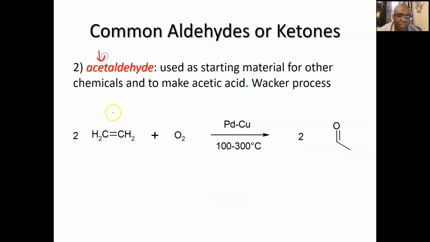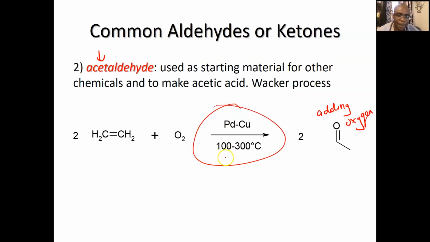What about a 2-carbon aldehyde? It's still gonna be oxidation because now in this case you are adding oxygen according to one of our definitions. We use a palladium copper alloy or combination at high temperature. We also use molecular oxygen. You start with 2 of these, which means 2 equivalents.